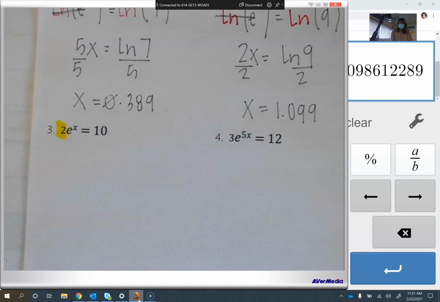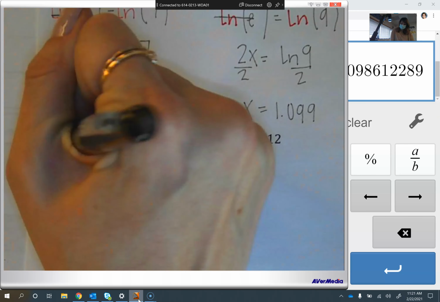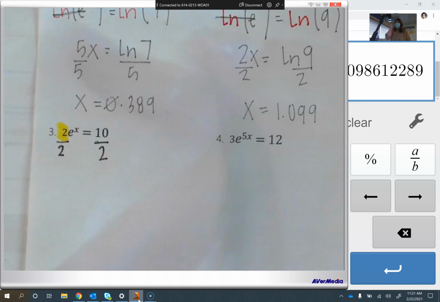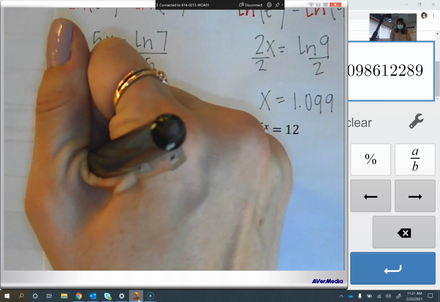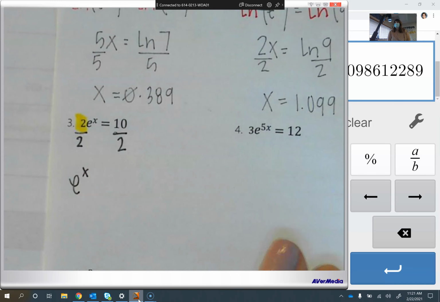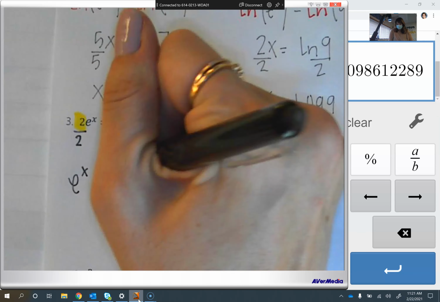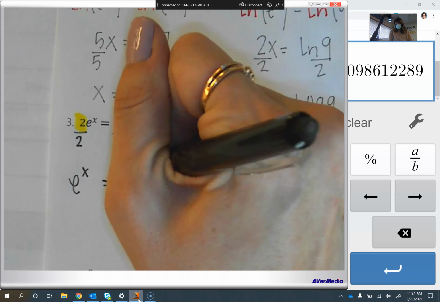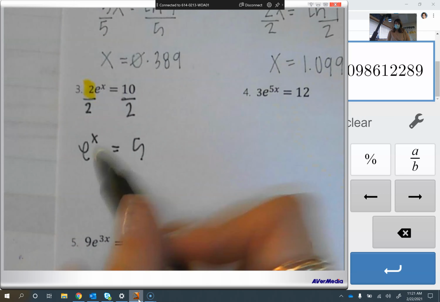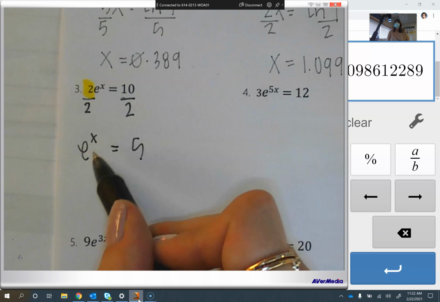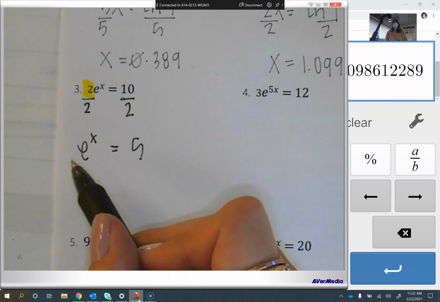So on this problem, step number 1 is divide by 2. And the reason that we're doing that is so that on the left-hand side, you just have e to the x. And on the right-hand side, you have 5. Because you can't take the natural log until it's just e on the left.